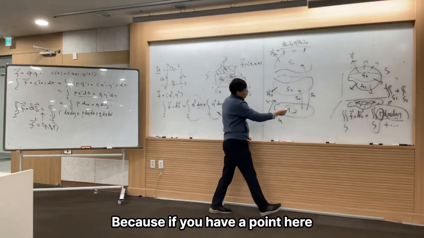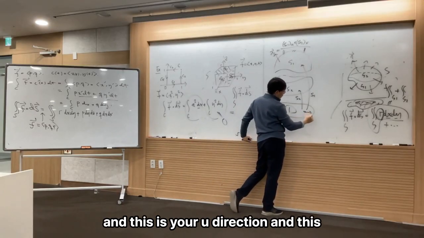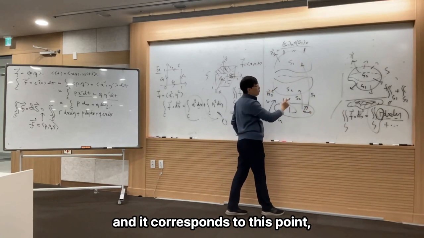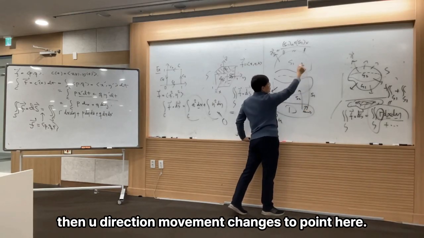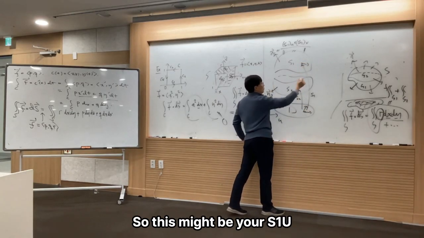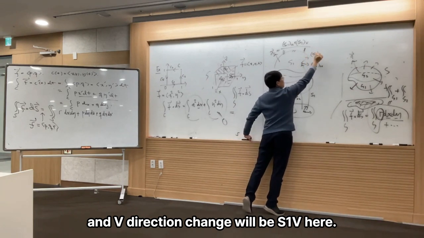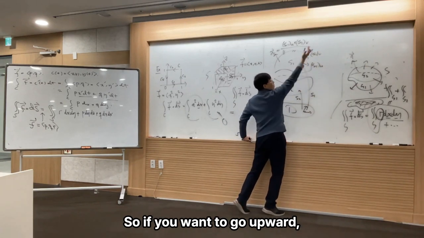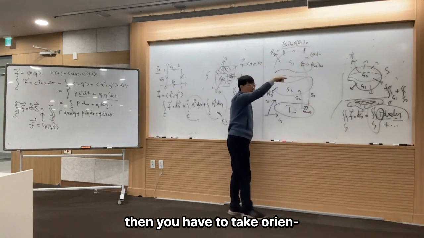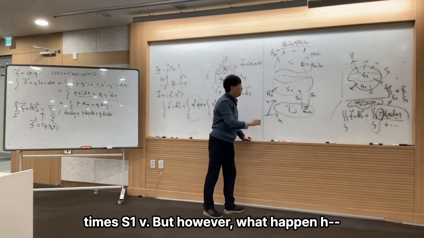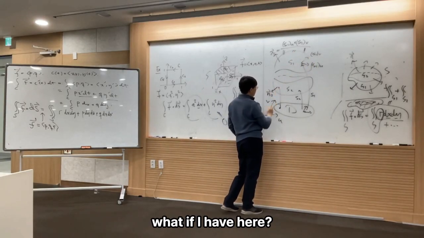If you have a point here, and this is your U direction and this is your V direction, and it corresponds to this point, then U direction movement changes to a point here, so this might be your S1U, and V direction change will be S1V here. So if you want to go upward, you take the cross product in the order S1U times S1V.